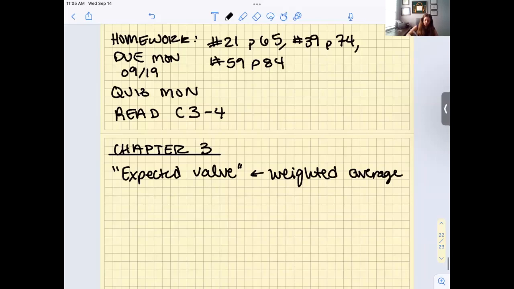So if you're trying to solve for the expected value, which we call mu of x, this is, of course, a measure of center, then you're going to add up all of the individual values times their individual probabilities.